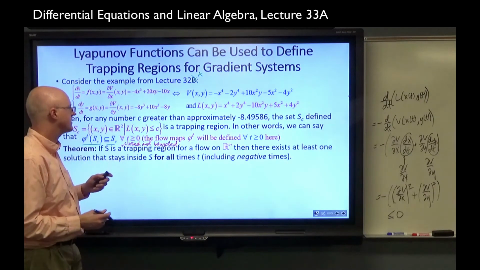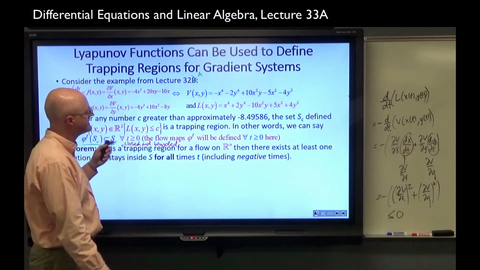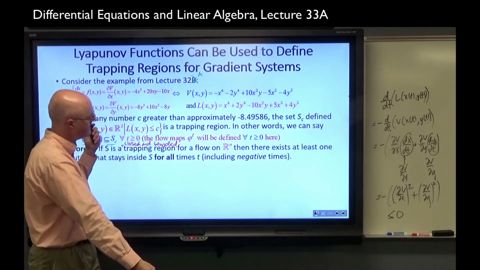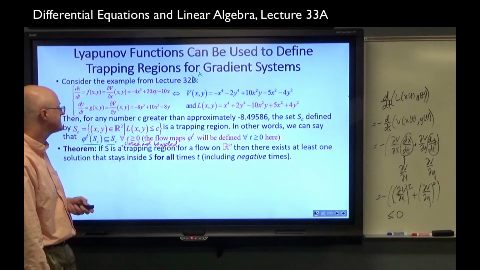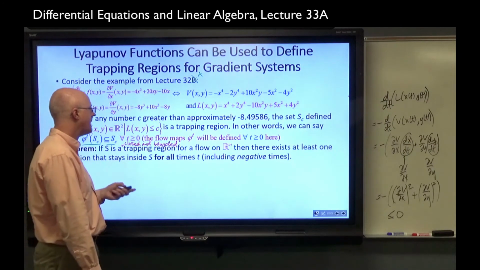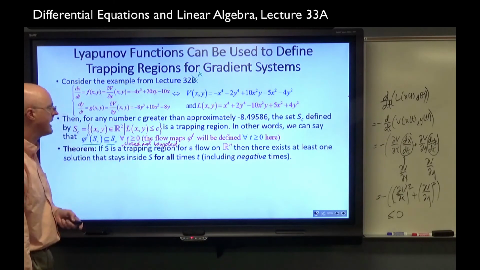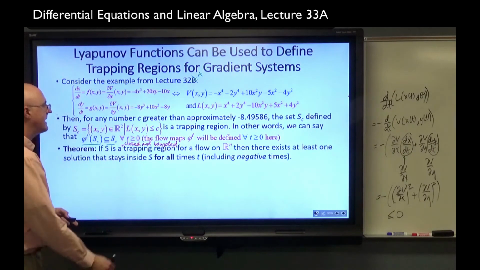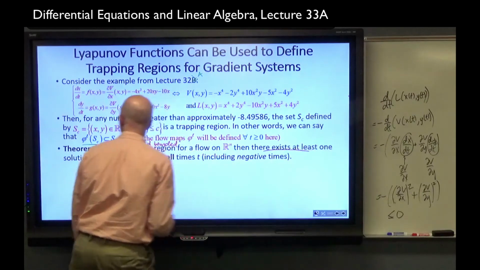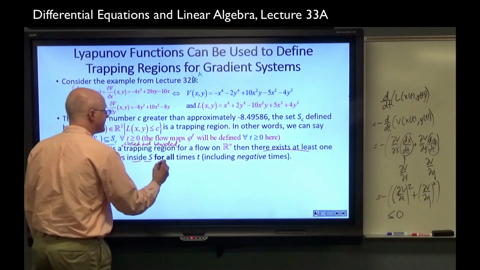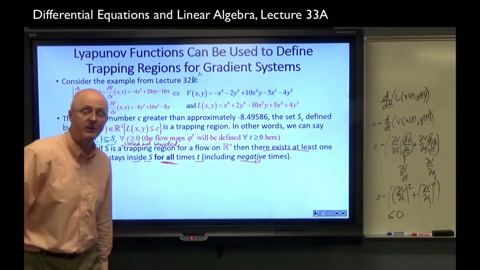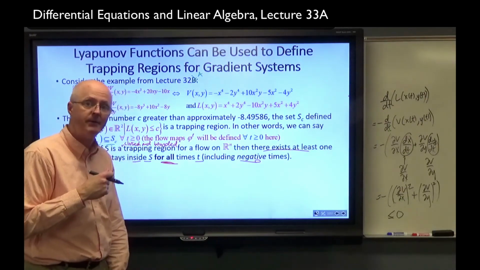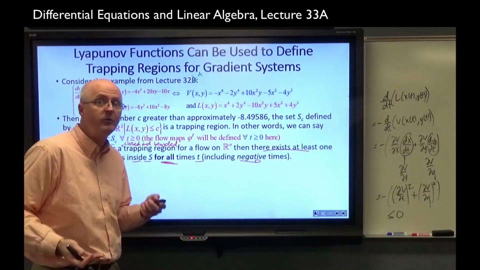It's a little bit more technical than that, but that's good enough for us. Bounded means it doesn't go off to infinity in any direction. It's contained in some sufficiently large disk centered at the origin, say. If it's a closed and bounded trapping region for a flow on R^n, n can be any dimension, then there exists at least one solution that stays inside S for all times t, including negative times. That's the point. Like an equilibrium point, for example, or maybe a periodic solution, or maybe both.